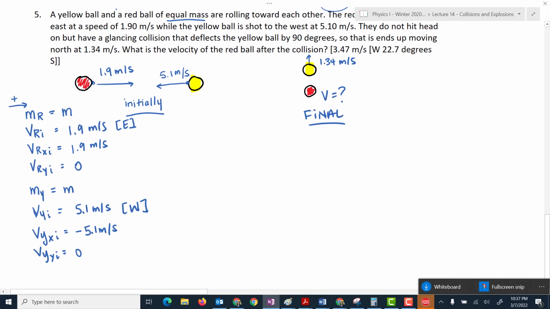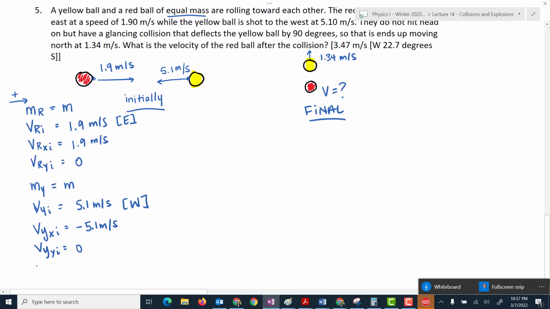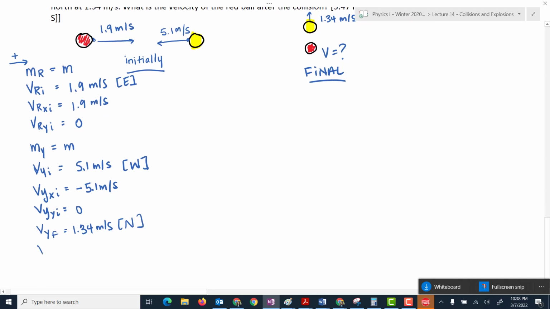If we look at final now, the velocity of the yellow ball final is 1.34 meters per second, and that's north. So if we were going to find the x and y components of that, we'd say velocity of the yellow ball in the x direction final, and velocity of the yellow ball in the y direction final.